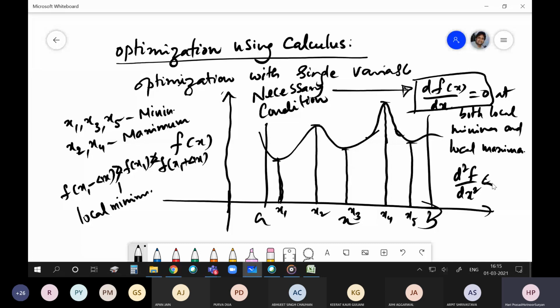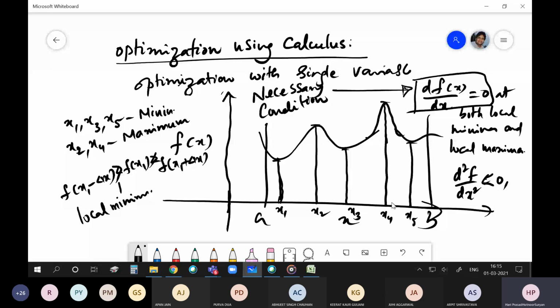if it is less than 0, what can we say at that point? If the second derivative is less than 0, will it be maximum or minimum? Maximum.